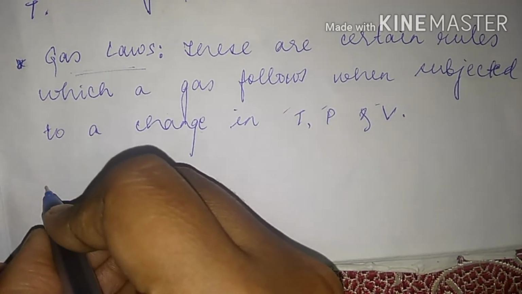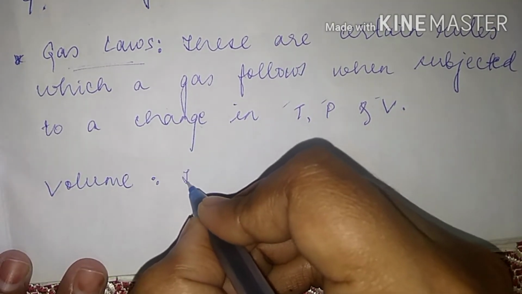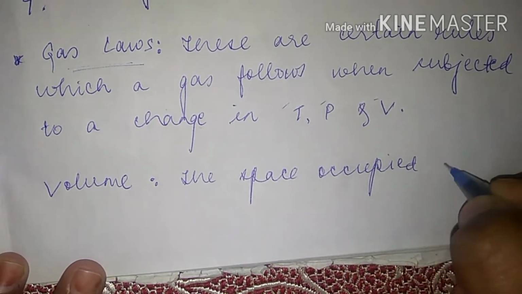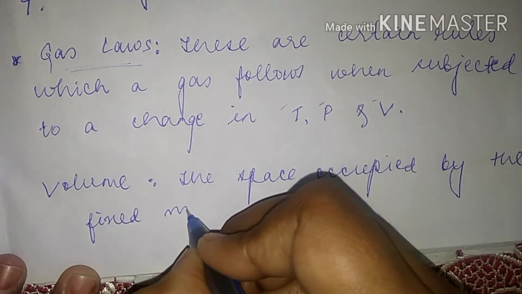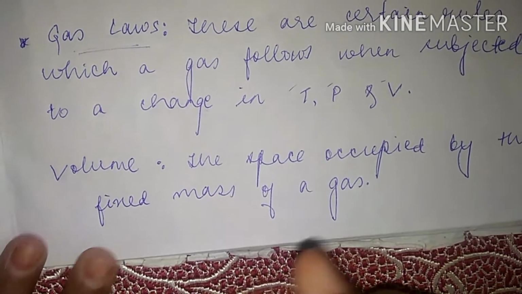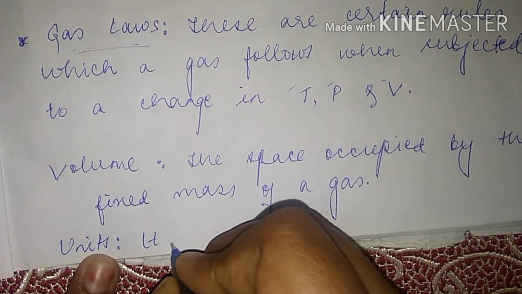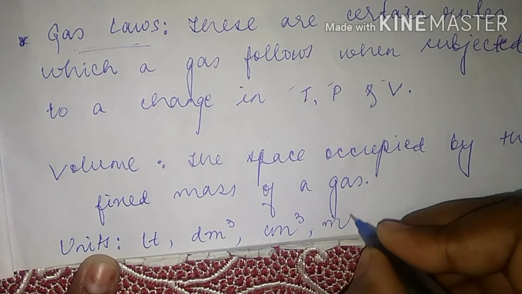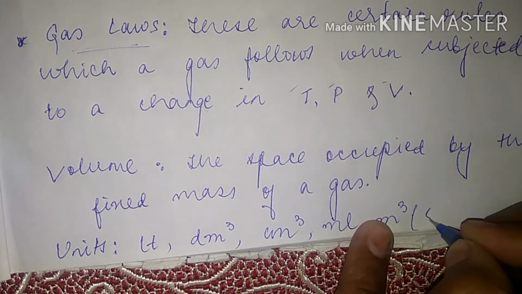So first we need to know what the volume of a gas is. The volume of a gas can be defined as the space occupied by a fixed mass of a gas. The units of volume are liter, decimeter cube, centimeter cube, milliliter, etc., and meter cube also, in which the SI unit is meter cube.